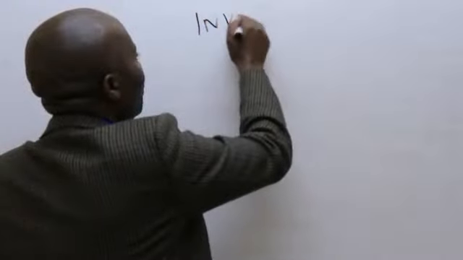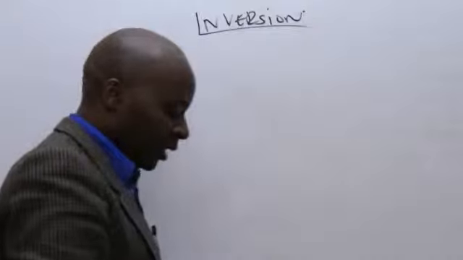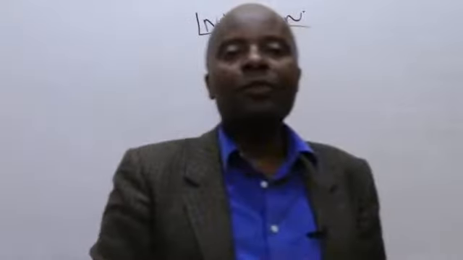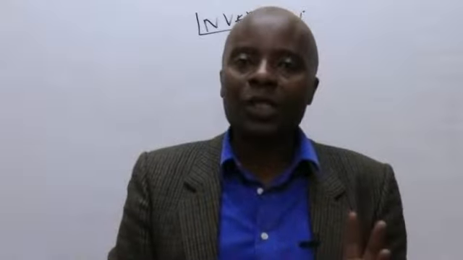So now that beckons for only one more operation, and we are out of that concept, what we call inversion. If you can remember, ladies and gentlemen, inversion is applicable to square matrices.